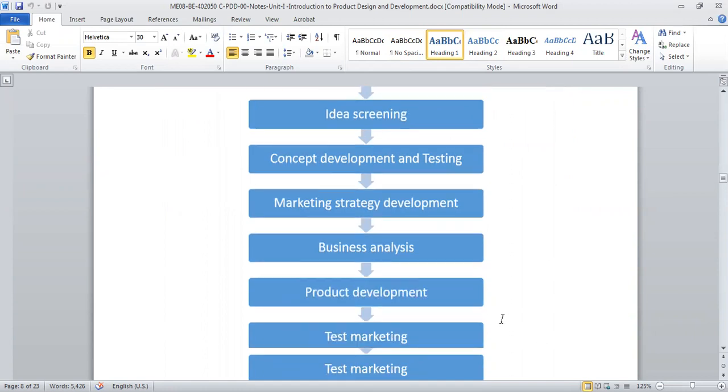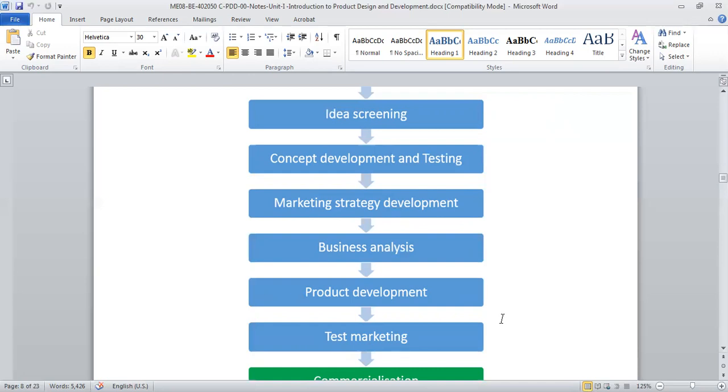The next step will be concept development. Concept means we are going to have a concept for the idea generated by the person or the designer. Then that concept will be developed, and its testing will be done. Once testing is done and it looks fine, everything is tested good, and it satisfies customer needs, then a marketing strategy is developed.